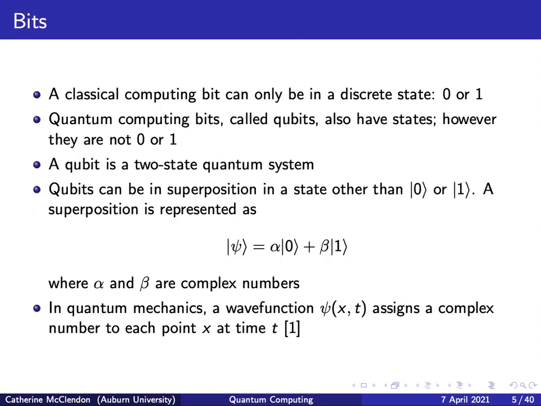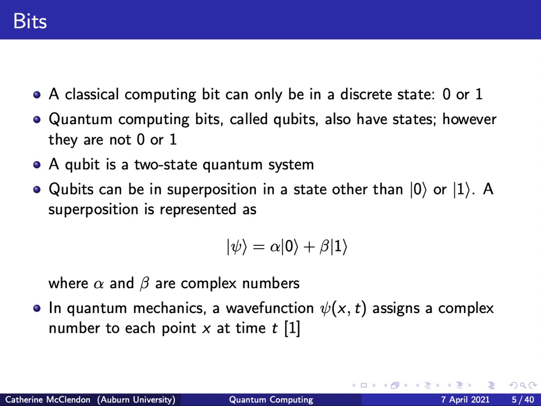So a classical computing bit can only be in a discrete state, 0 or 1, but quantum computing bits, which are called qubits, also have states. However, they are not 0 or 1. A qubit is a two-state quantum system, and qubits can be in a superposition or a state other than 0 or 1.